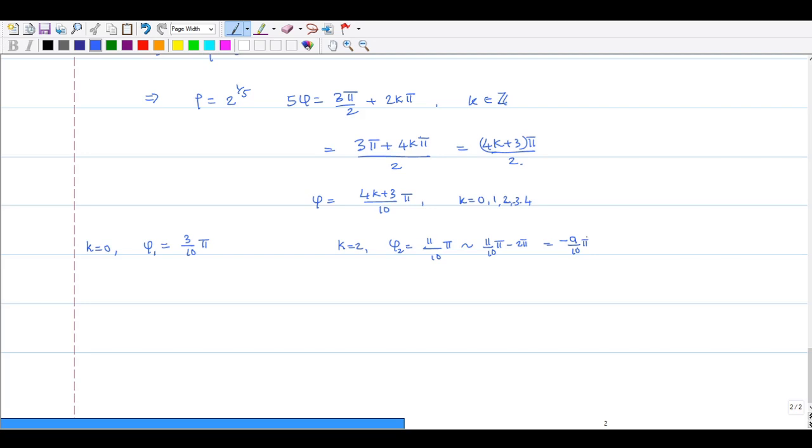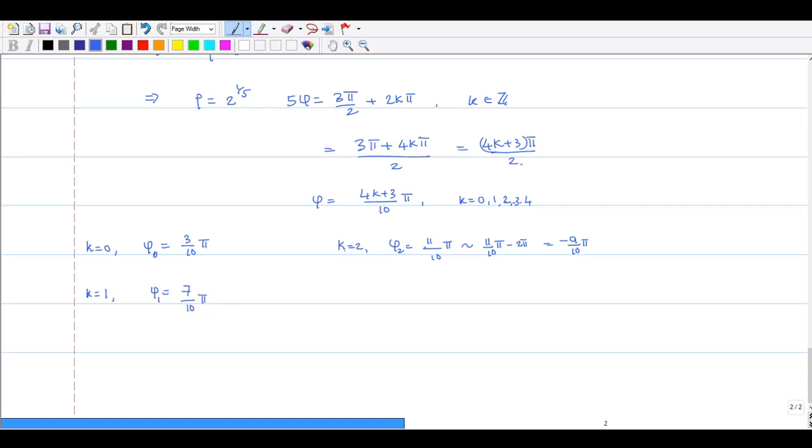So this is the second value. k equal to 1 என்ன கிடைக்கும், 4 plus 3 7, so 7 by 10 pi.